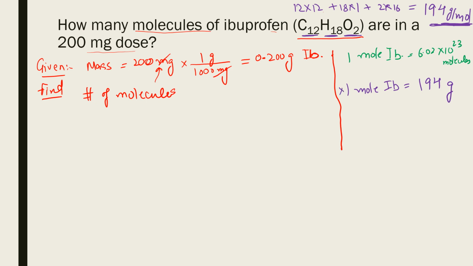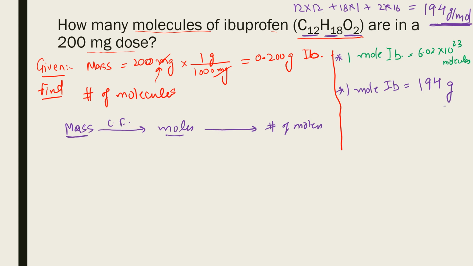So we can use these two relationships to find the conversion factors to go from grams to number of molecules. So we are going to go from mass to moles, and then from moles to number of molecules. We're going to need a conversion factor between mass and moles.